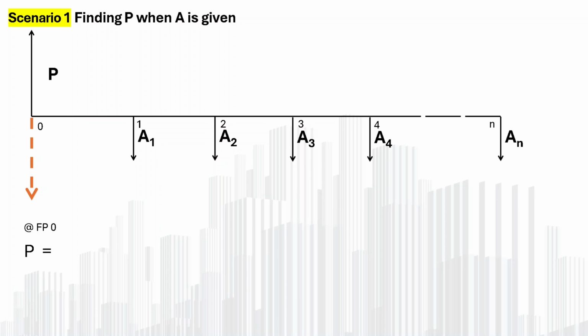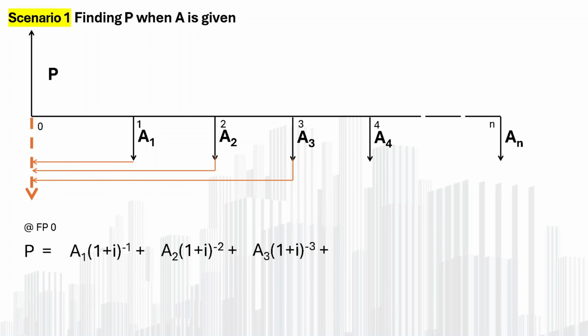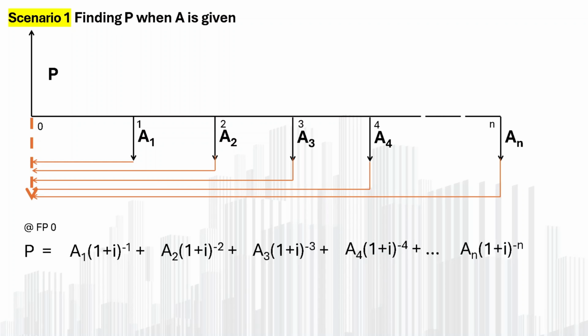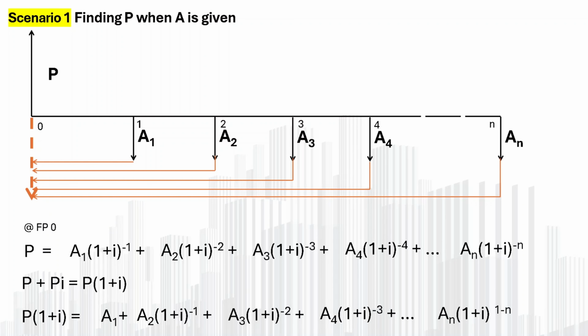So for example, here, A1 will be times 1 plus the interest rate, whatever the interest rate is, raised to negative 1. So as with A2, A3, A4, and then A sub n. And basically, if you derive the equations further, you'll have this particular equation.